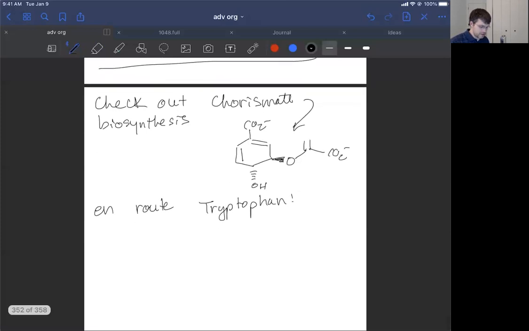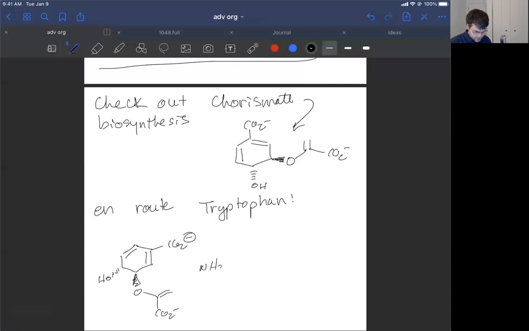En route to tryptophan. So we've talked about the tryptophan biosynthesis during the journal clubs, but if we start with chorismate, I'm going to draw it in a rotated form just to match the book. Definitely don't want to get lost here. Okay.